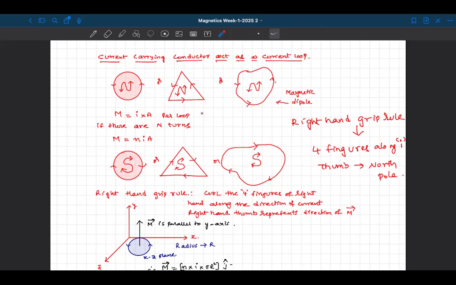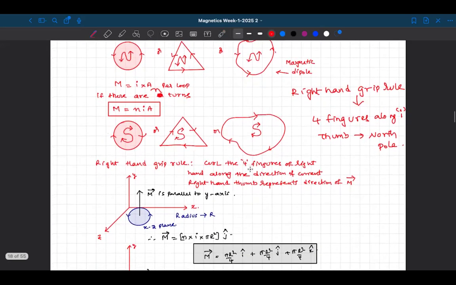This is per loop. If there are N turns, then the magnetic moment is given as M equals NIA.